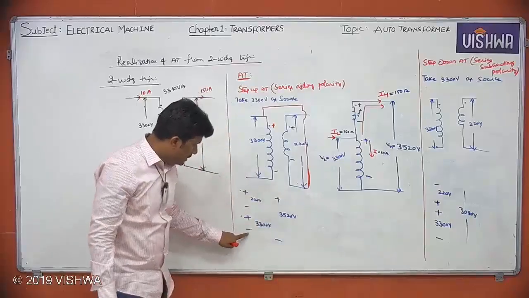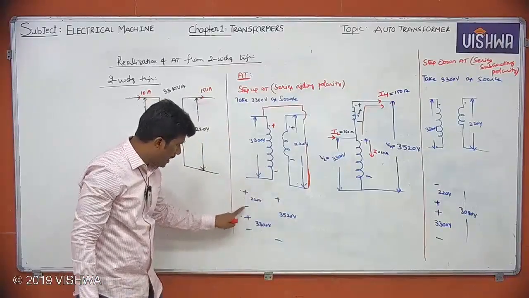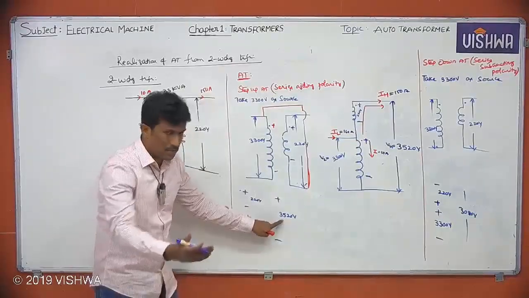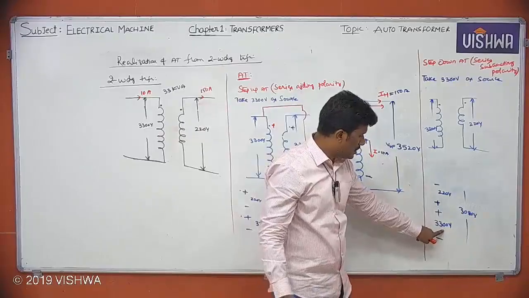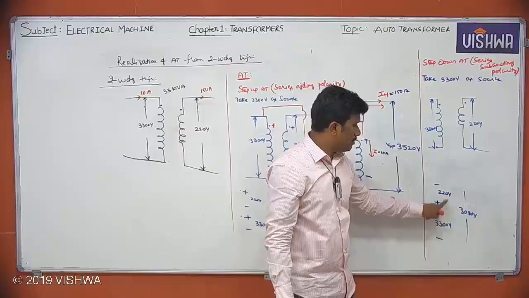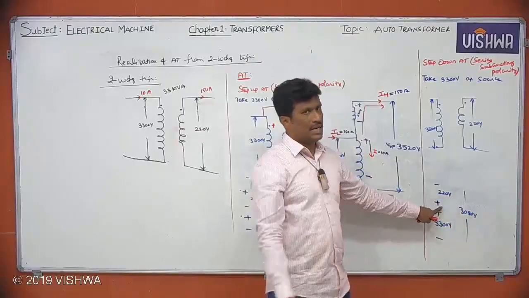Previously plus minus. If you want 3520, plus minus here, plus minus plus minus, then only these two will add up. You'll get a step up transformer. Here the 3300 volt source is there. You need a step down transformer. Therefore 3300 volts minus 220, 3080 should be there. That means to this plus should be connected, not minus.